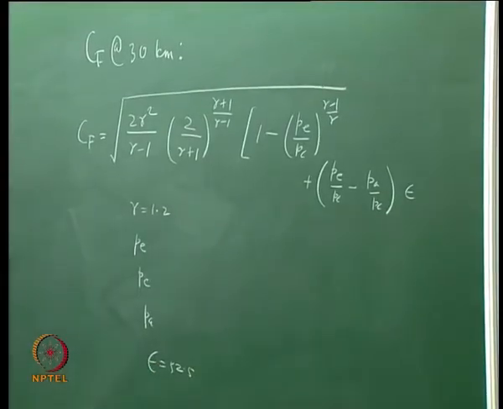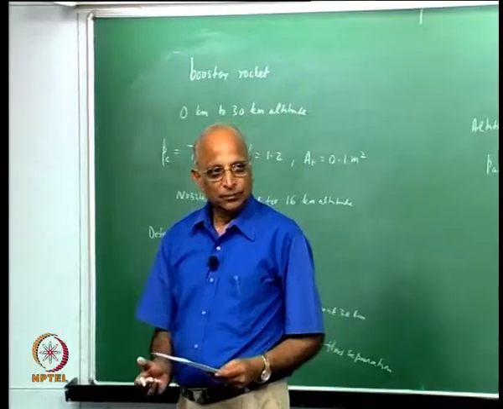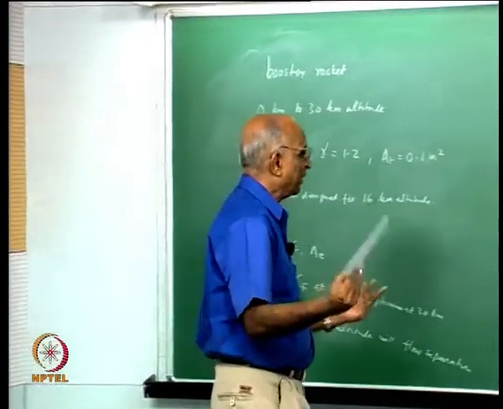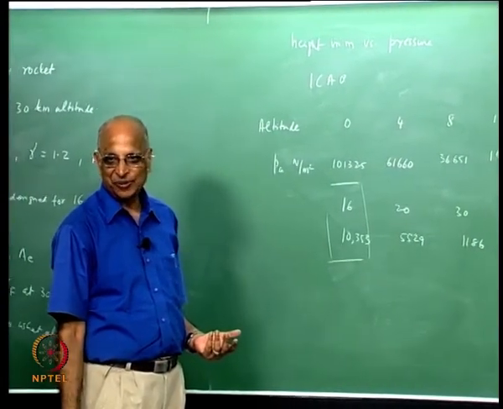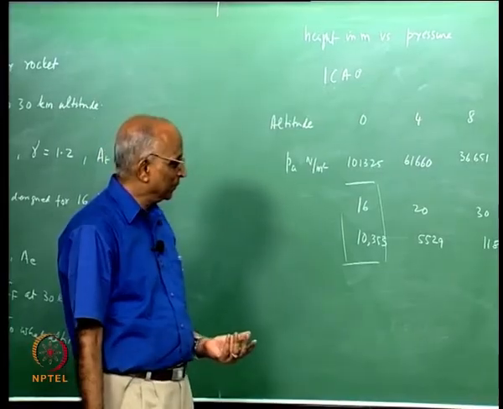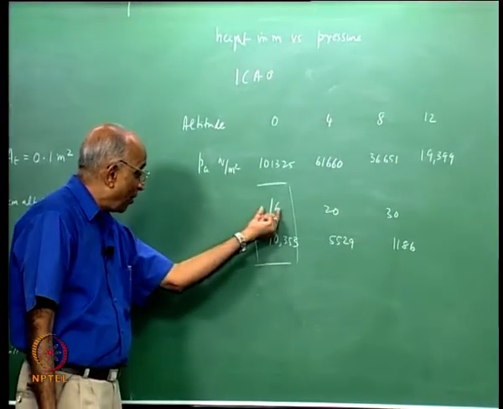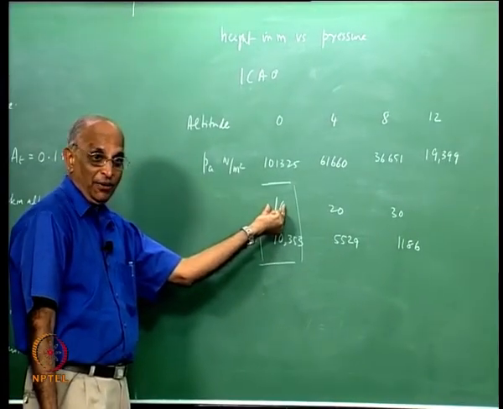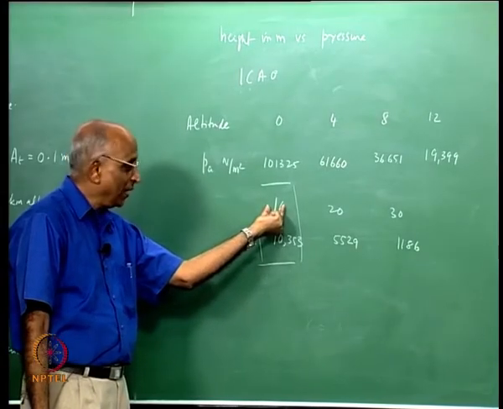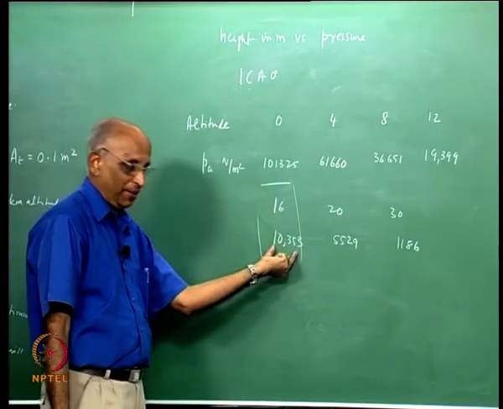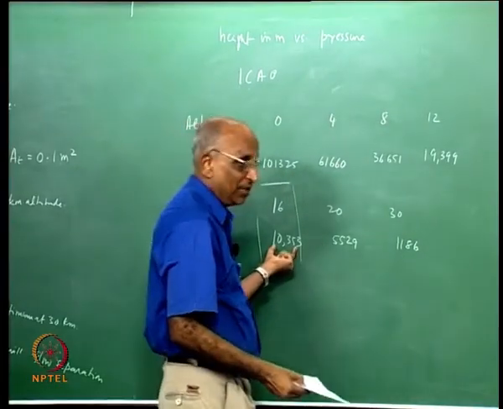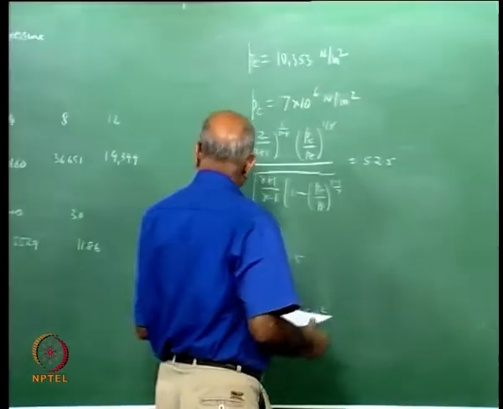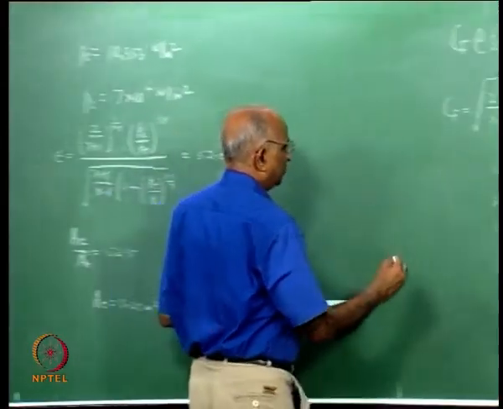What is the value of Pe? Yes, 10,353. The nozzle has been designed for 16 kilometer altitude, and that is where the exit pressure should be, and because it is now flying at a higher altitude but exit pressure will not change, therefore Pe is equal to 10,353.